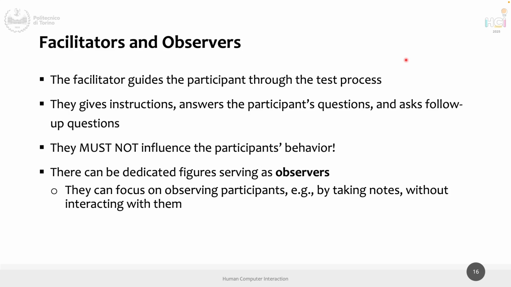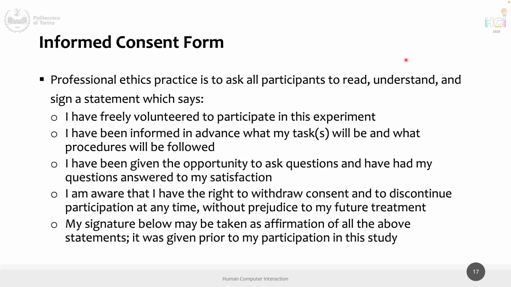Then start talking when there is the need to guide the participant towards the next step, the next task. As I was saying before, there can be dedicated figures serving as observers that are just focusing on observing participants, taking notes, etc., without interacting with any participants.